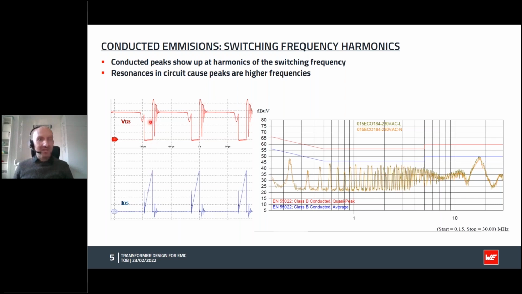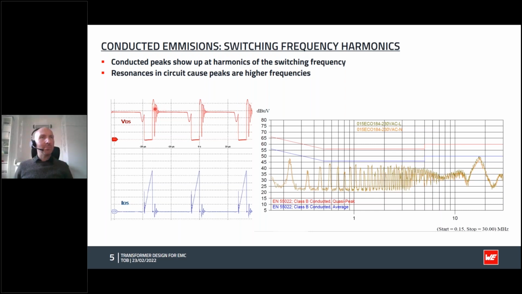Then we have a voltage swing back across the MOSFET, and we have some ringing here. This ringing is actually a factor of the leakage inductance in the transformer. That leakage inductance is very important for efficiency: the higher that leakage is, the lower the efficiency of the power supply.